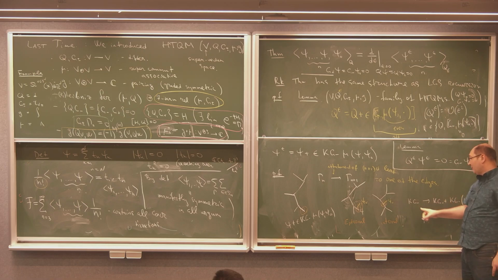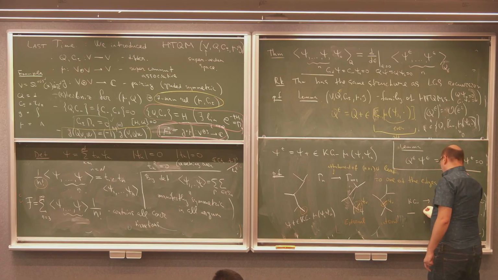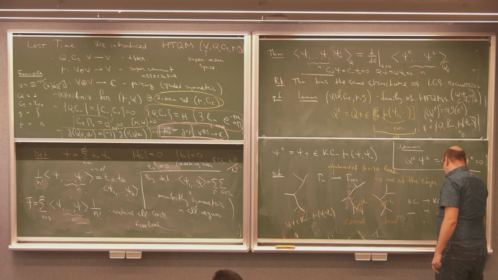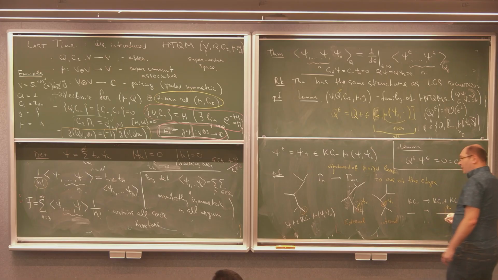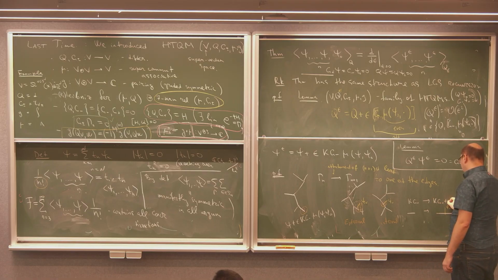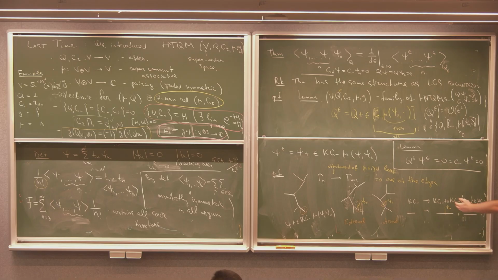So instead of the old propagator, which was KG minus, we replace it by this picture with psi naught, and now we have two propagators. So attaching the leaf to an internal edge gives us a deformation of the propagator by this multiplication of psi naught and an additional KG minus.